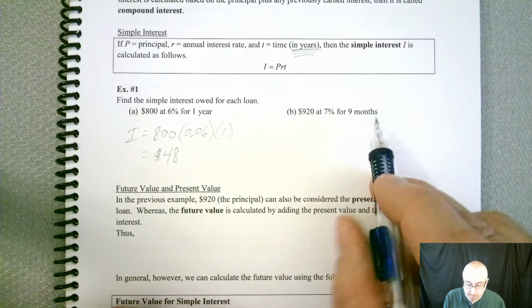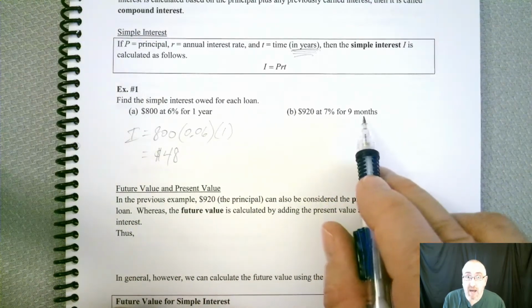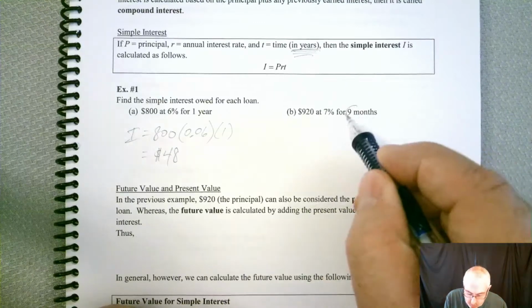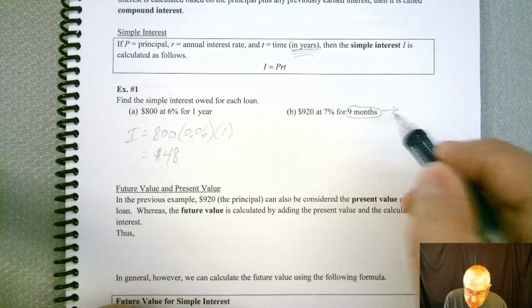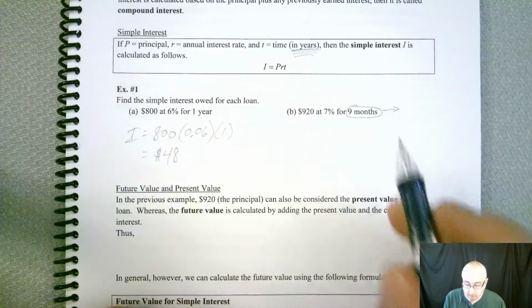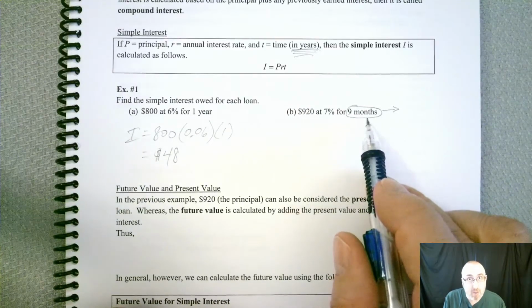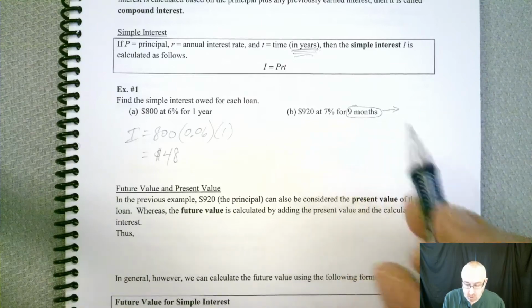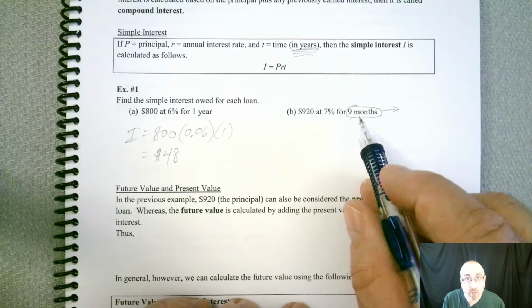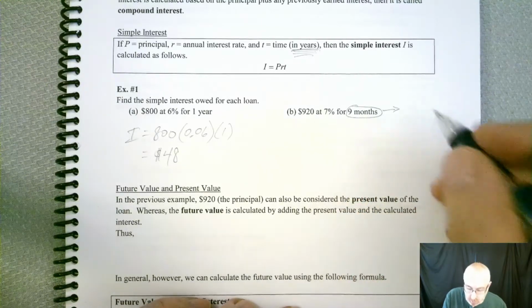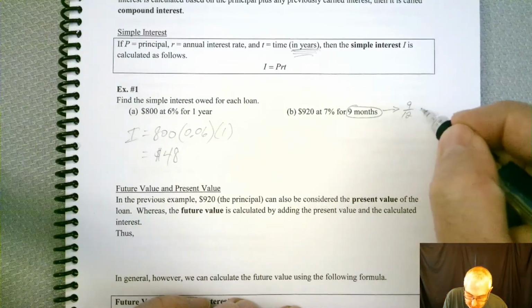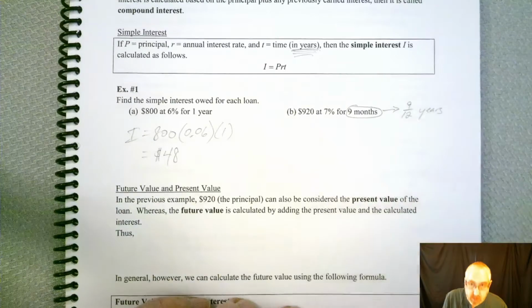All right. Now for this one, it's not in years. So the first thing we have to do is ask, how do we rewrite this in terms of years? Because it's in months, how many months in a year? 12, right? So all you have to do to change it into years is divide it by 12. We're just going to say 9 divided by 12, and that will be years.